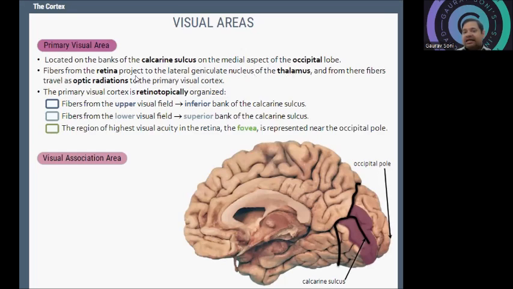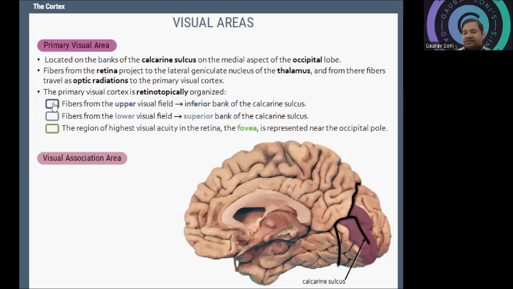Remember, retina, light, L for lateral geniculate nucleus of thalamus. From there, fibers travel as optic radiation to the primary visual cortex. The primary visual cortex is retinotopically organized like this. Fibers from the upper visual field go to the inferior bank of the calcarine sulcus. Fibers from the lower visual field go to the superior bank of the calcarine sulcus.